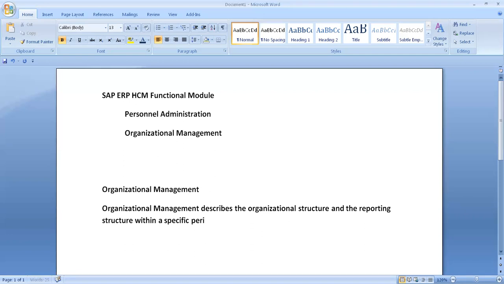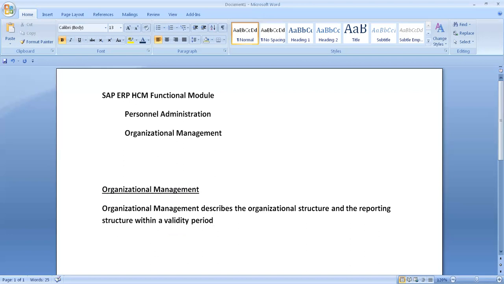This module is all about the organizational structure and reporting structure within a validity period. This is what the definition is.